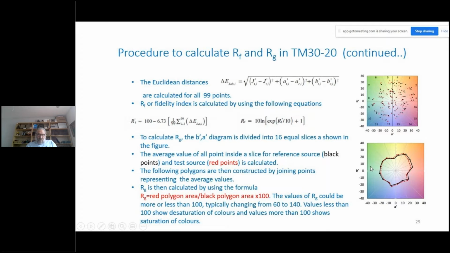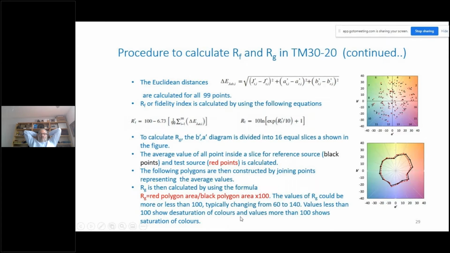To calculate the RG value, you would divide this coordinate system into 16 slices, something like pizza slices, you can say. So from 1 to 16, and then you would average out all the black dots and all the red dots in each slice, and that would give you a polygon like that, a black polygon and a red polygon.